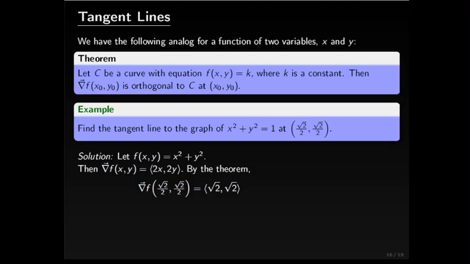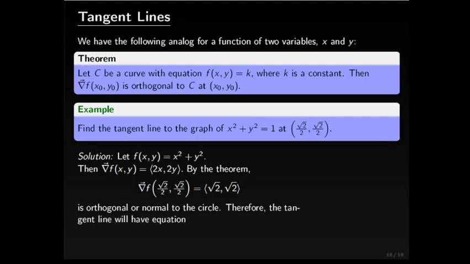Since this vector is orthogonal to the circle at the given point, the tangent line will have the equation √2(x - √2/2) + √2(y - √2/2) = 0. You may or may not simplify this.